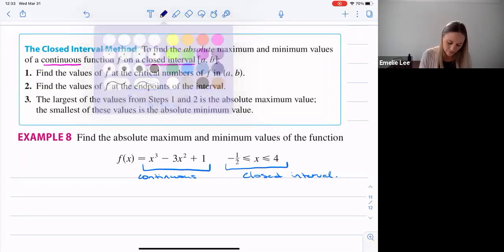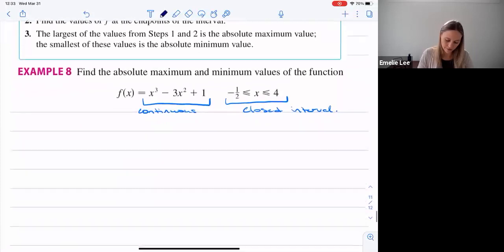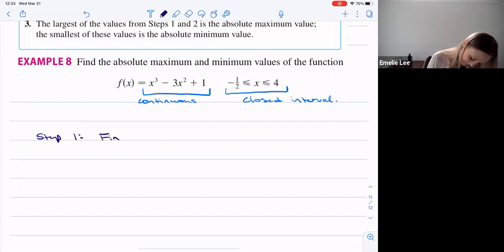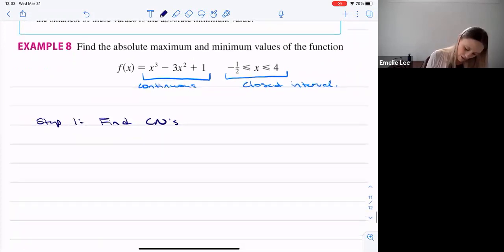First we have to find the critical numbers. So step one, find the critical numbers. f prime of x is 3x squared minus 6x, and that's it.